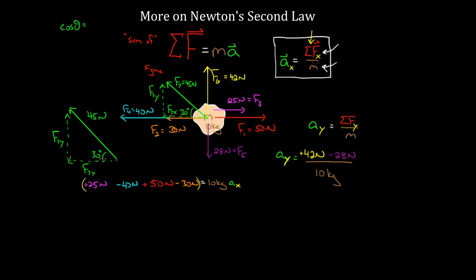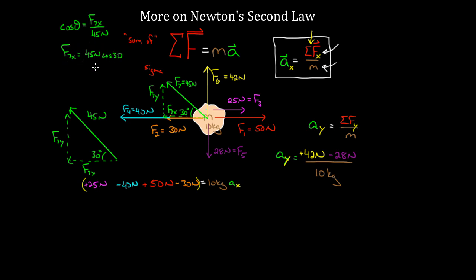So the adjacent to this 30 degrees is this side touching that angle, which is F7x. So F7 in the x direction over the hypotenuse, the total magnitude of this force vector, which is 45 newtons. So I can solve now for F7 in the x direction. F7 in the x direction is going to be 45 newtons times cosine of 30 degrees.